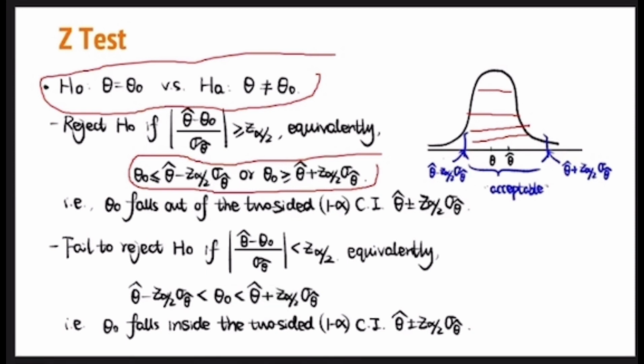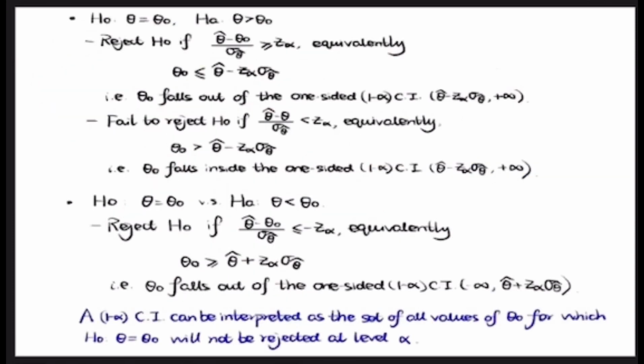What about talking about one-sided? Take a look at this. What am I doing here? That's an upper test. In an upper test, I will use a one-sided confidence interval.